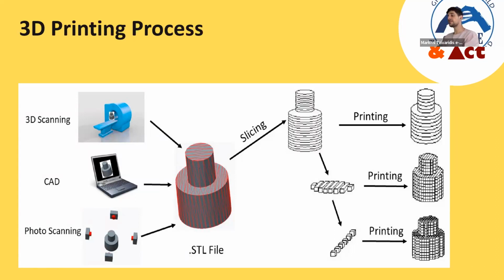The slicer will create the G-code, a G-code file with all the information about the 3D model: dimensions, X, Y, Z placement, etc. And this file will be inserted into the 3D printer, and we will print the final object.